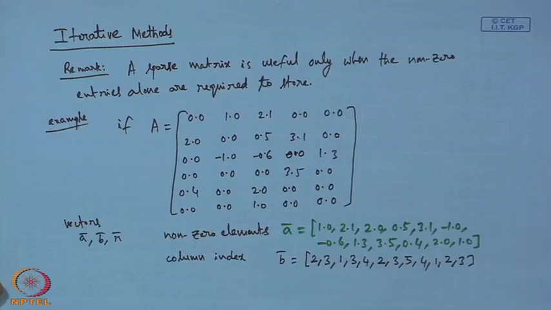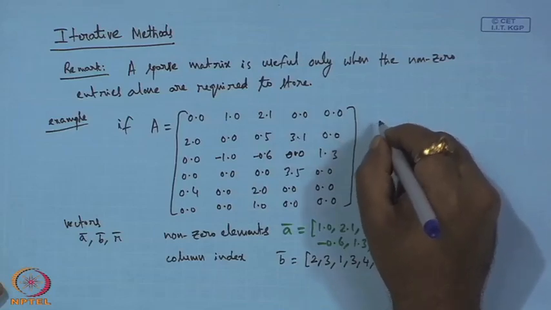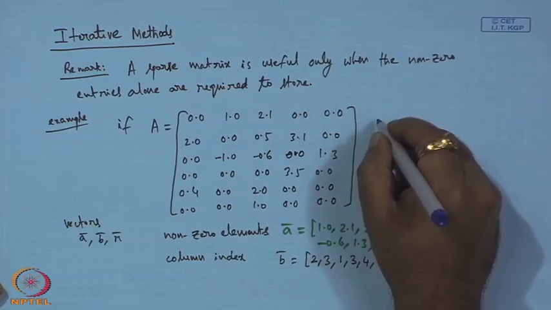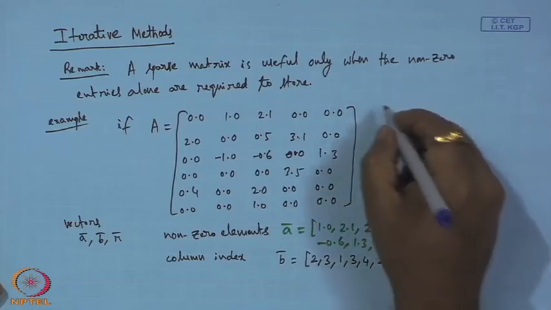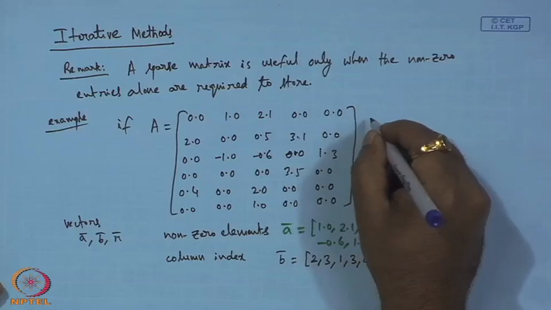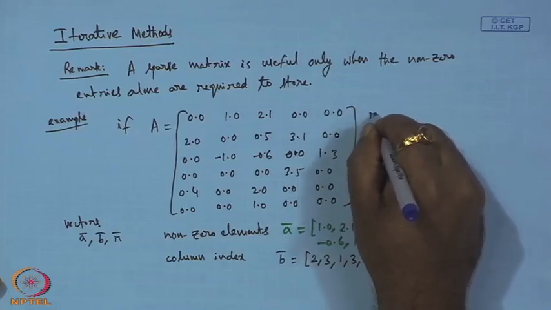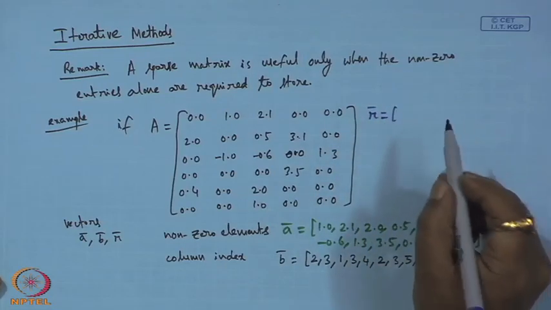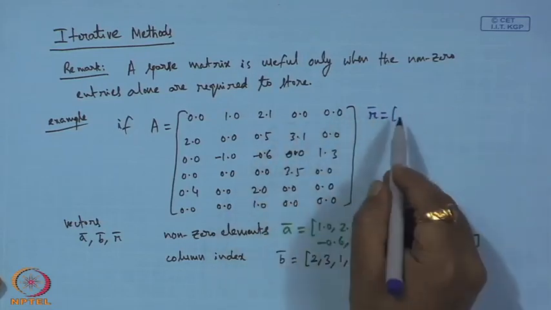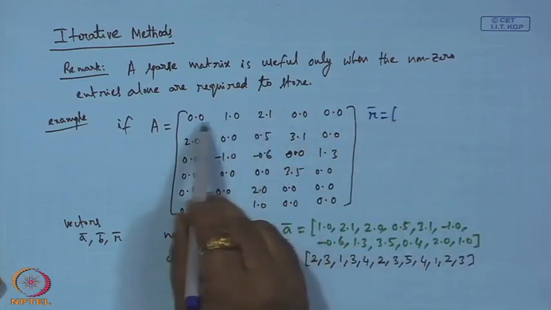Then we have R bar. We have to define R bar properly. What are we going to store in R bar? Suppose we store how many non-zero elements there are in each row.